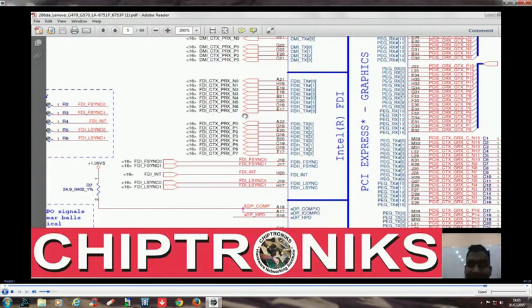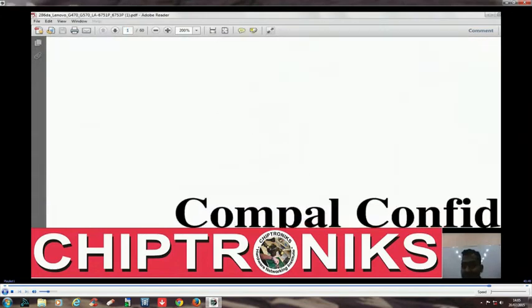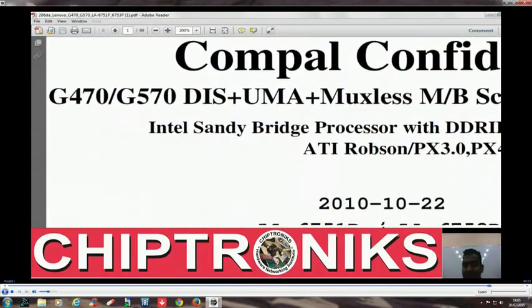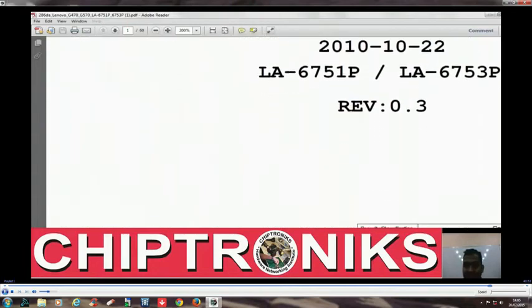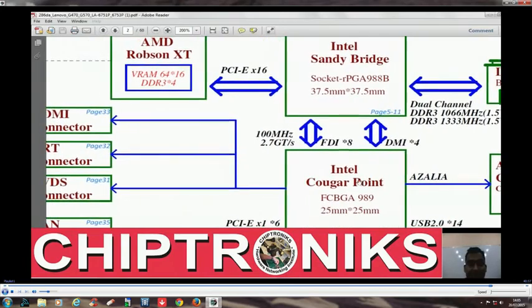That means for each connection we have two wires, one negative, one positive. So FDI 8 means 8 into 2, 16 physical wires between the processor and the PCH for FDI. FDI into 8, right?